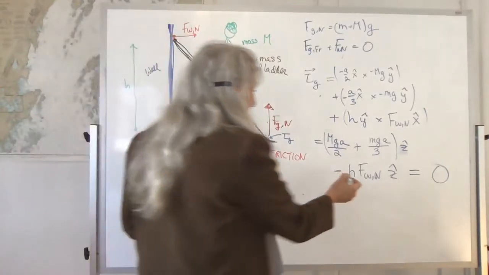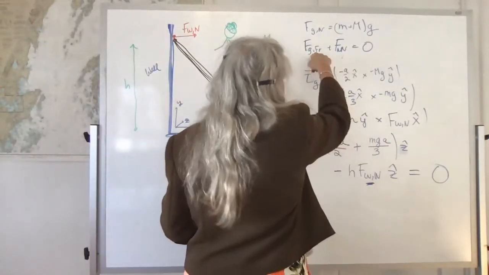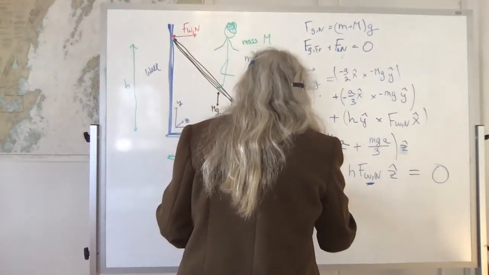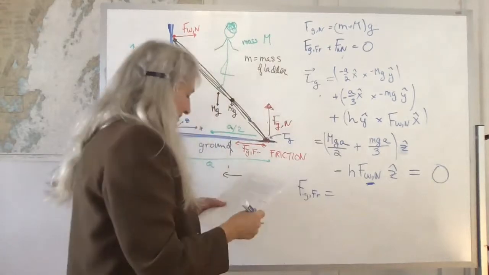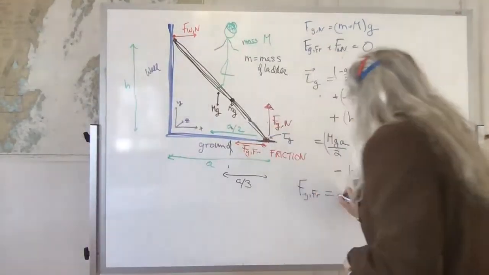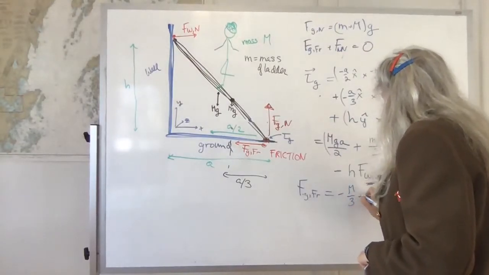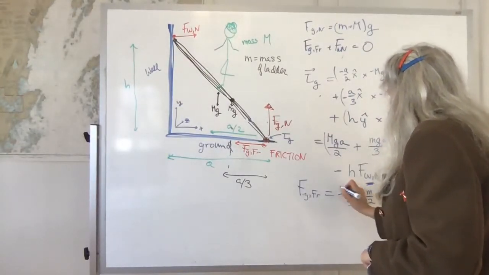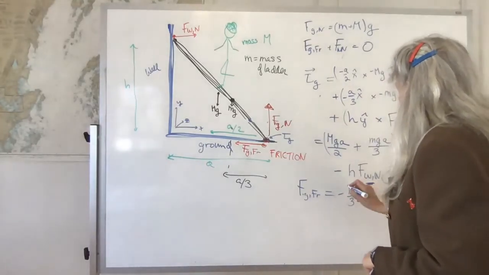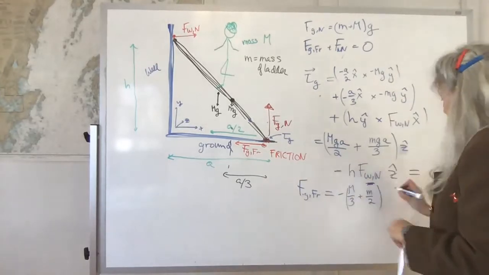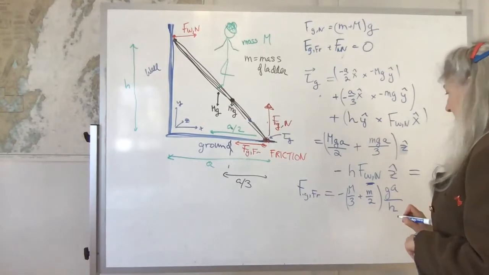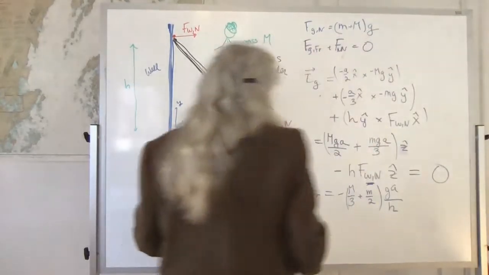Okay, so now I can replace this with that and solve for F ground friction. F ground friction will look like this: m over 3 plus m over 2. Oops, the minus sign goes outside everything. Times ga over h. Yeah, that's it.